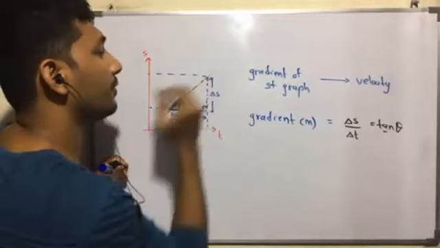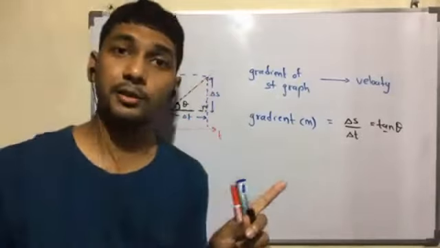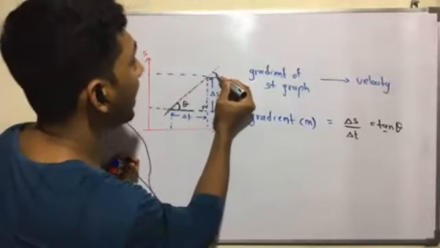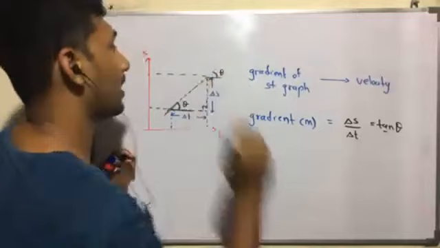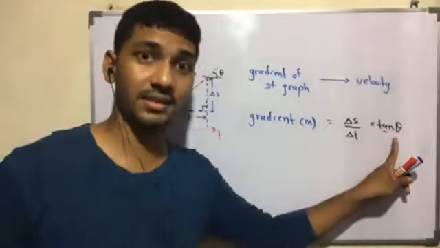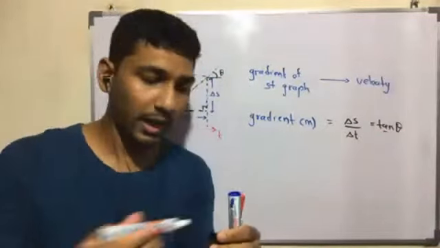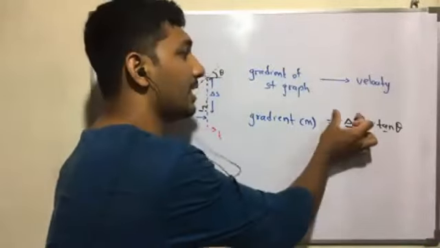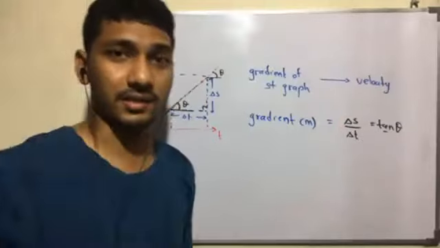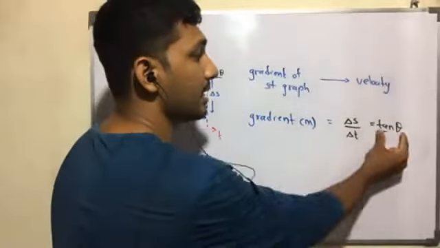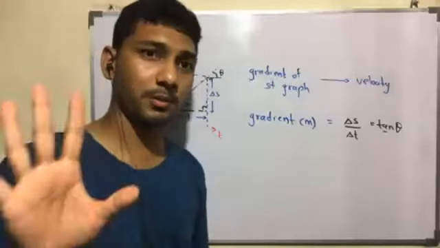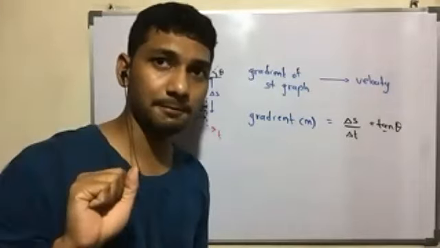So at this point, if you want to find the gradient, you have to draw this horizontal line, take the theta, and tan theta is the gradient. So now you have two definitions for gradient. One is y difference over x difference. The other is tan theta. Okay, understood up to now? Clear?